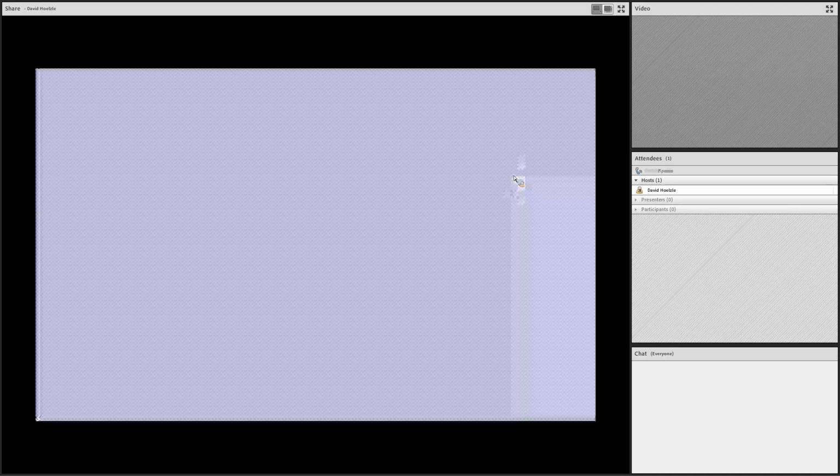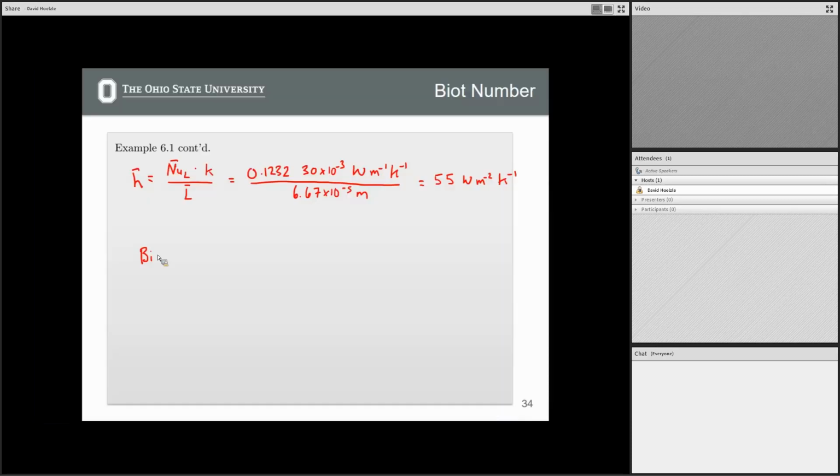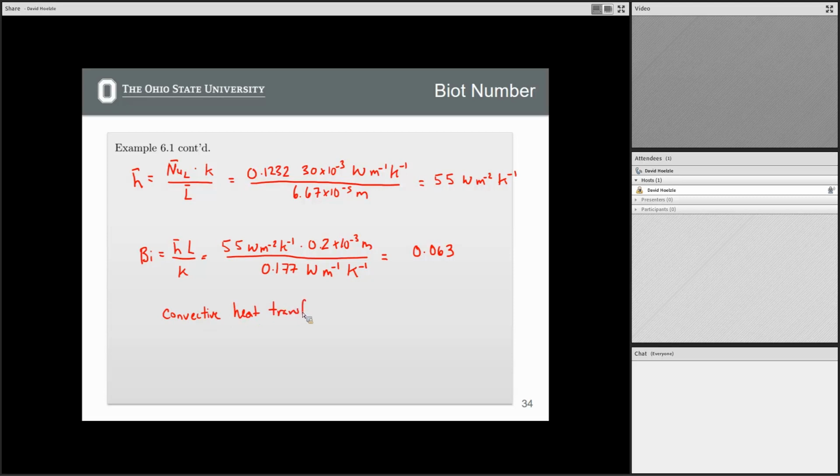Then once we have this, we can evaluate the Biot number. So we can start to establish that the Biot number is about 0.063.